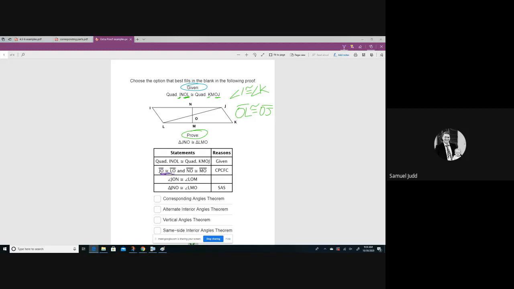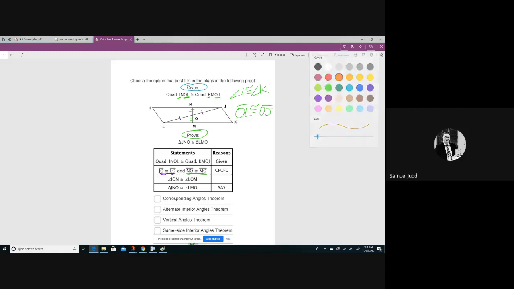Okay, so this one here, J to O, right here, and O to J, and L to O. All right, cool. And then NO and MO, those are congruent as well. Let's go and mark those in green. NO and MO. Cool, those are congruent. Hey, we got congruent sides.